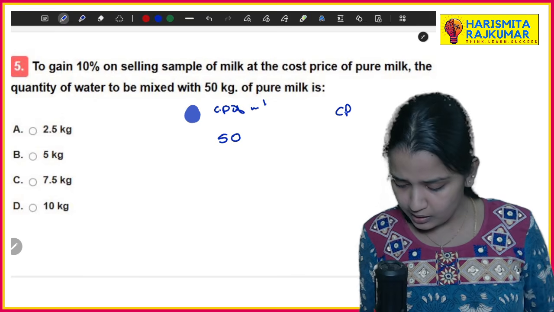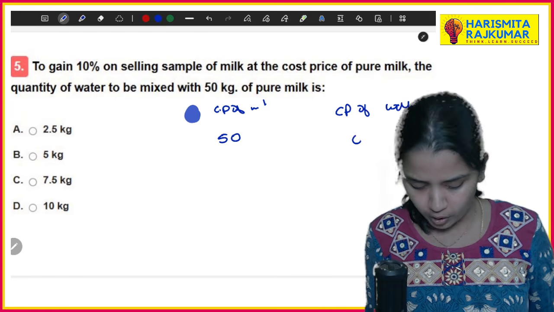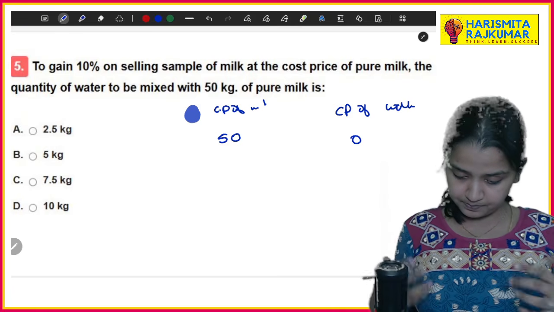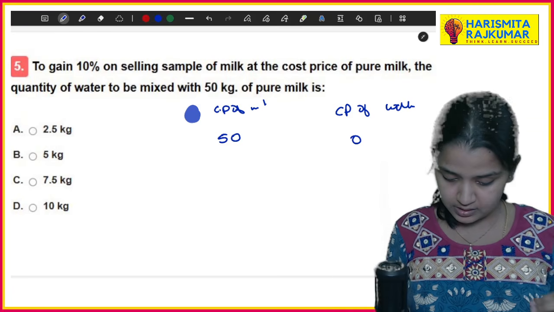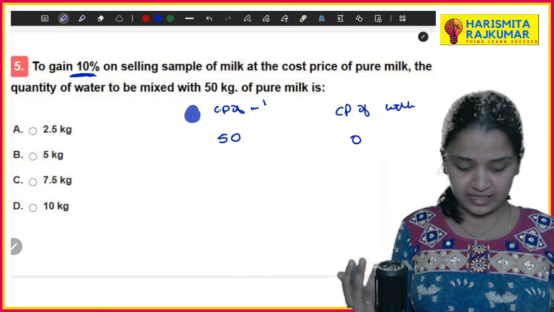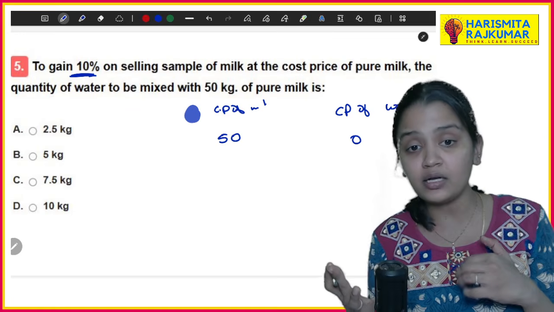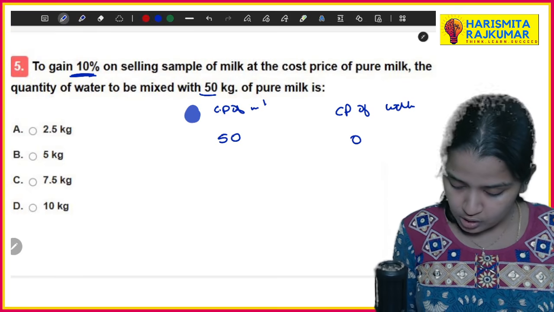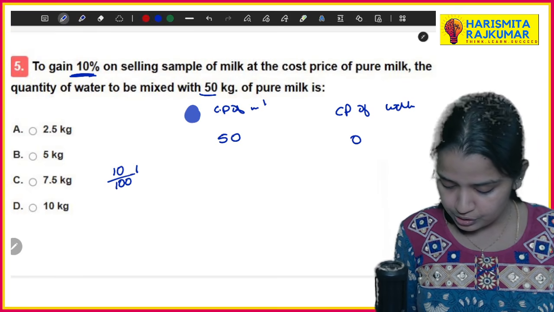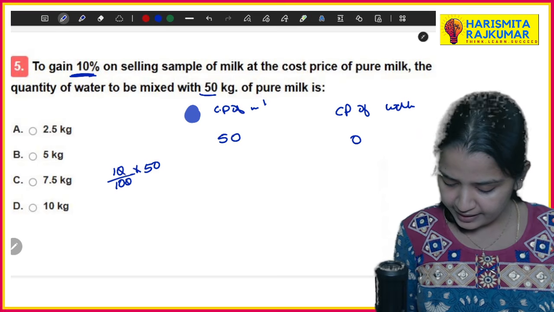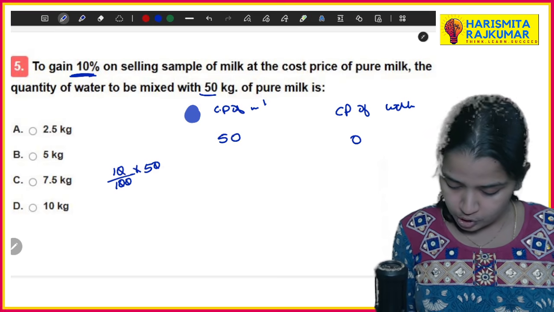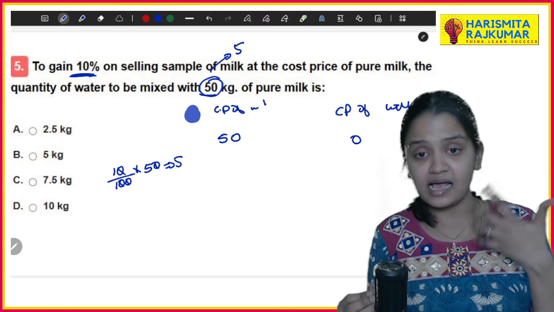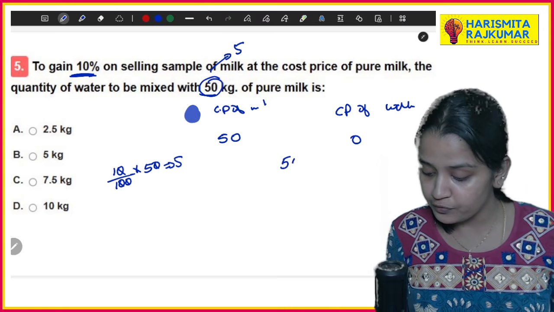And CP of water, generally, is 0. It is sold at 10 percent gain. So what is 10 percent of 50? You'll get 5. So extra 5 is added and sold, so it will be 55.